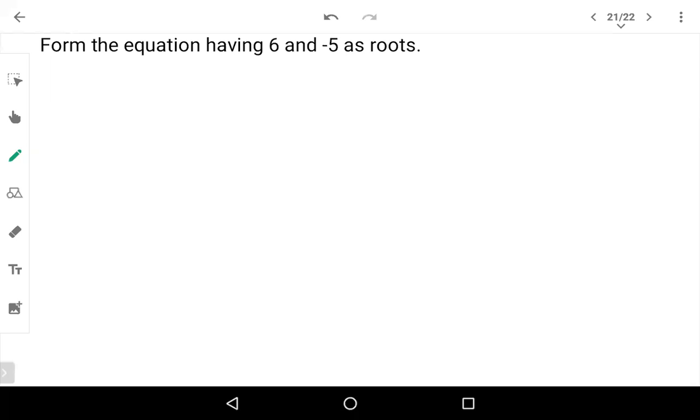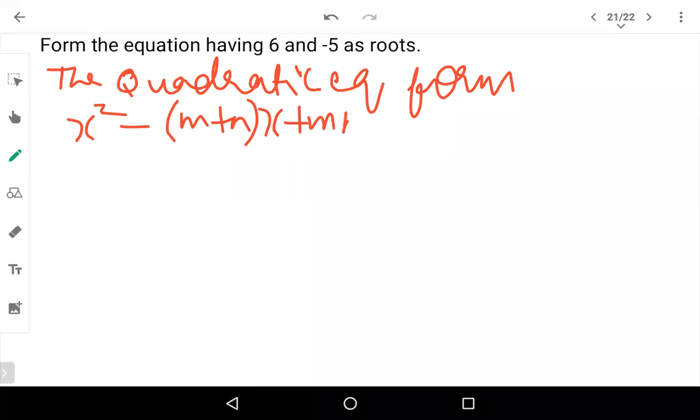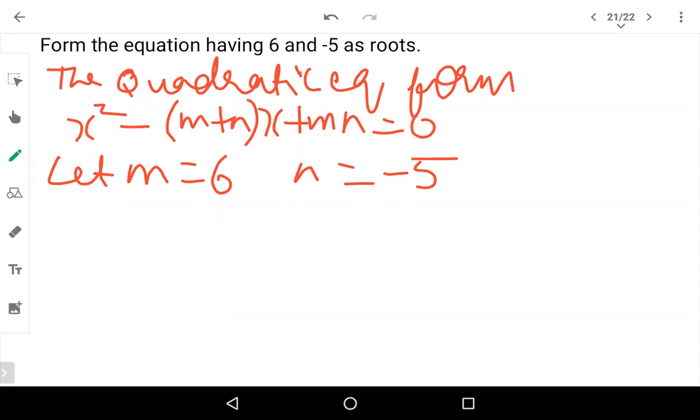So, the quadratic equation form x square minus (m plus n)x plus m into n is equal to 0. Let m be 6 and n be minus 5. Okay.